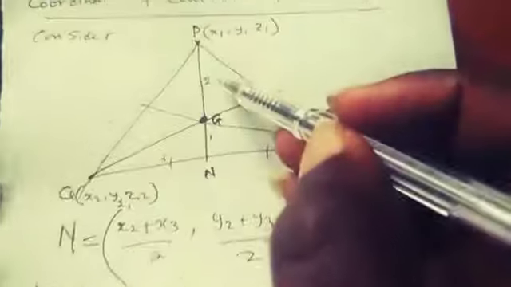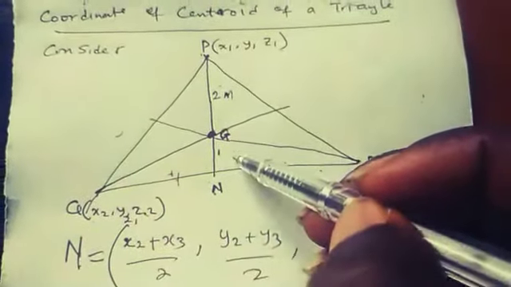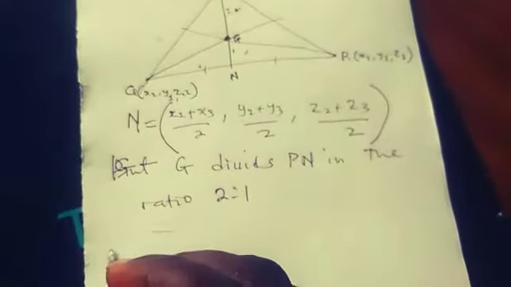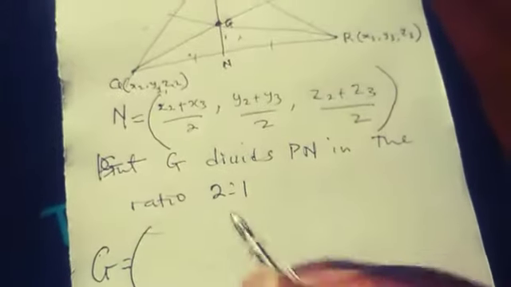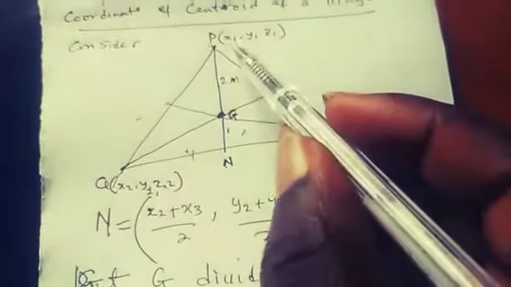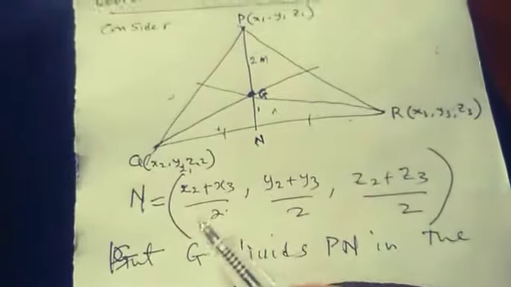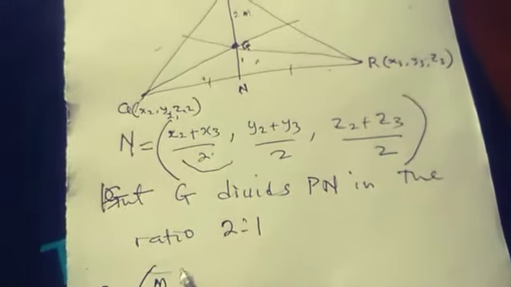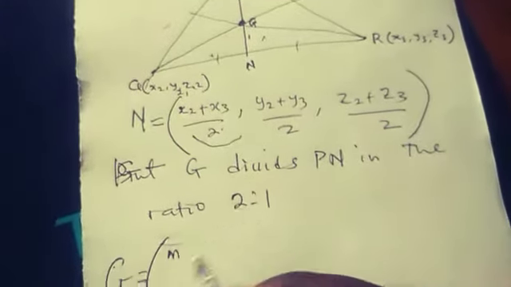So this place is our m, this is our n. So our G will now be equal to m x2. So this is our x2 here, this is our x1, the whole of this is our x2. So it is m x2. Our m is 2.